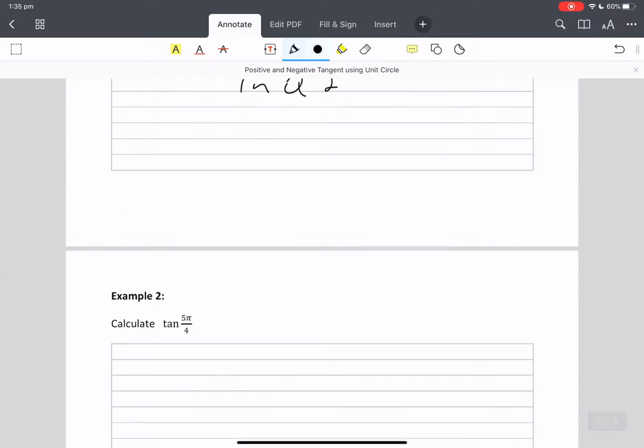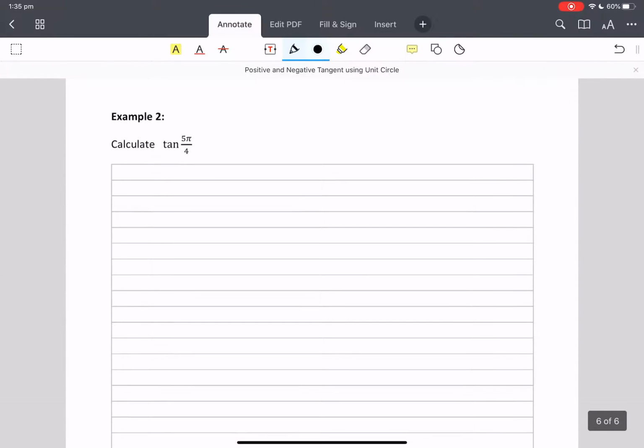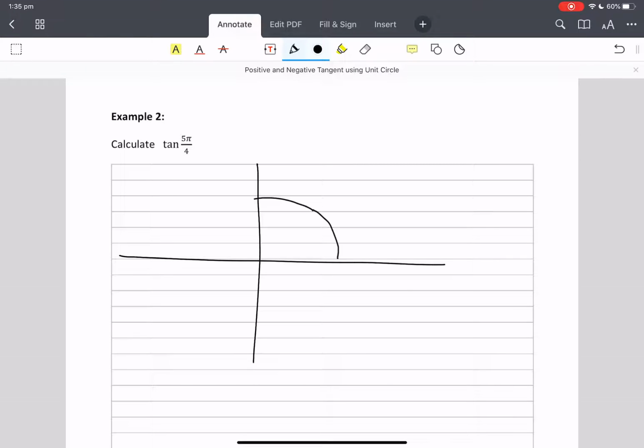Five pi on 4. Well, guess what? That is 1/4 of pi, 2/4 of pi, 3 pi on 4, 4 pi on 4, 5 pi on 4. There's my terminal ray. That's 5 pi on 4. And come on.